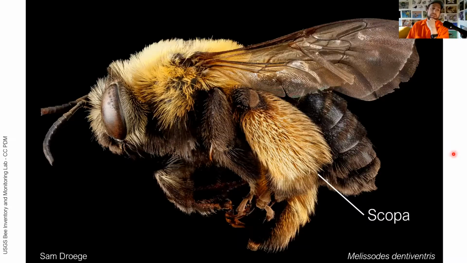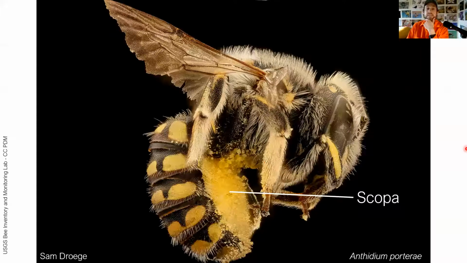These are the amazing photos of the bee monitoring lab in Maryland. So this is a Melissodes, and you see there's just enormous clusters of hair on the hind leg. That's their scopa. This is another bee in the Megachilidae, where I said they have the scopa under their abdomen. So this is a good example of that.